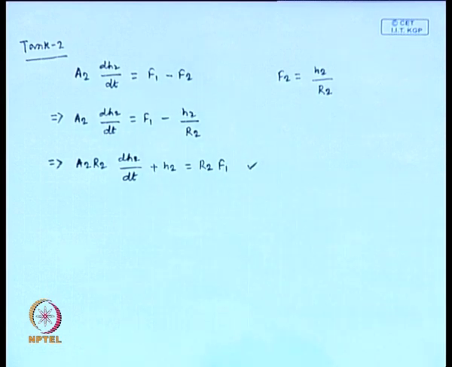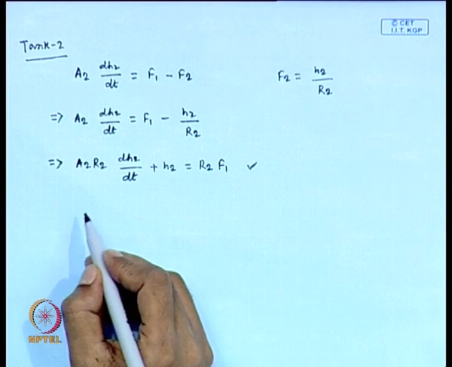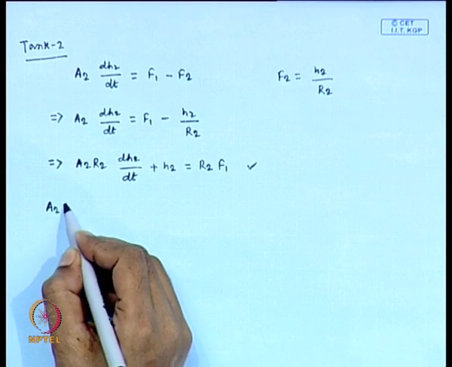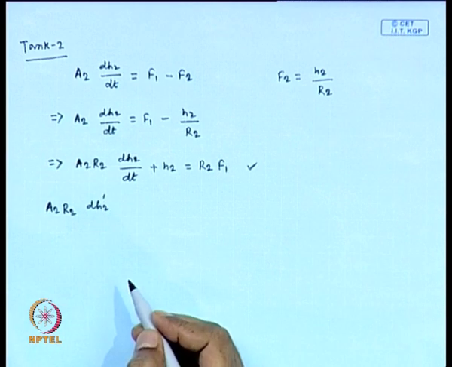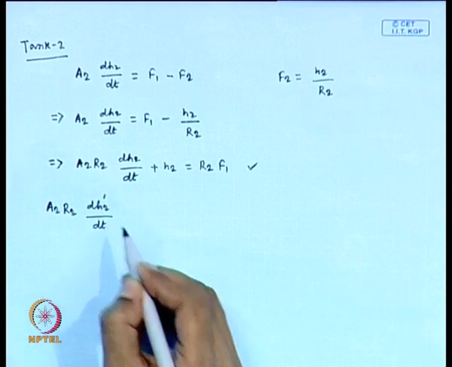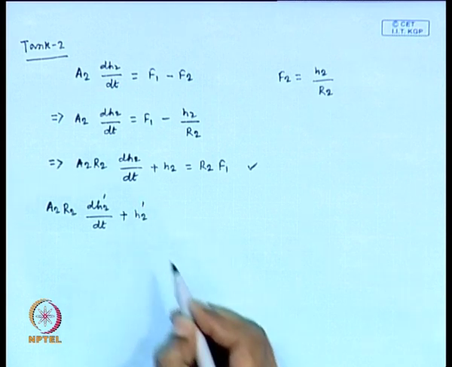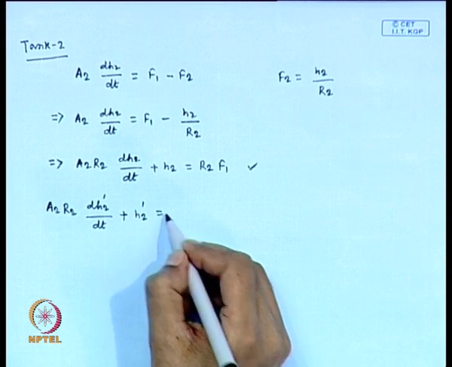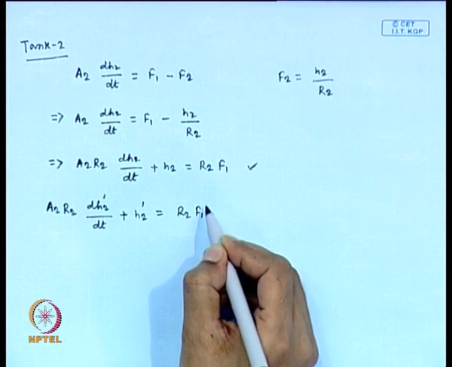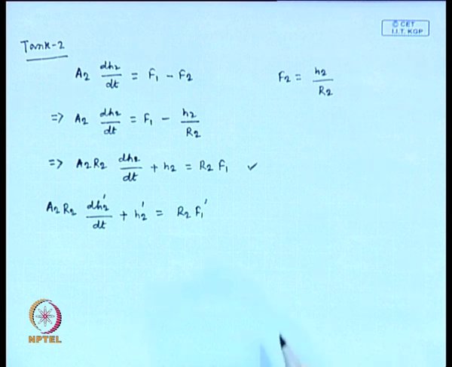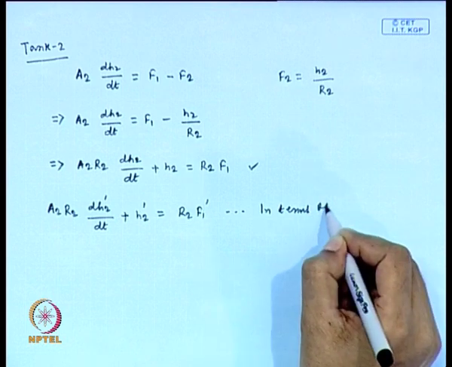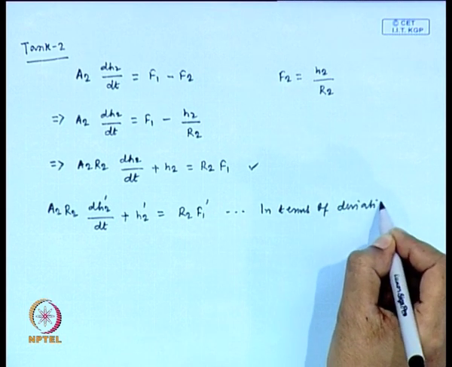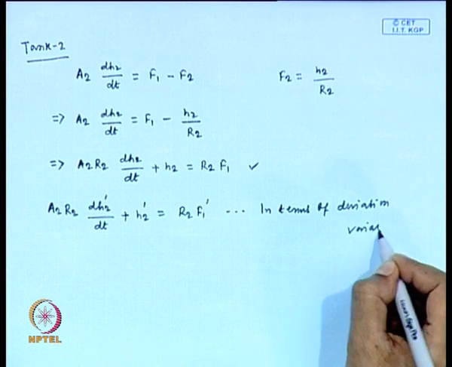Now, similarly, we have to represent this equation in terms of deviation variables. Then we get A2R2 dH2 prime dt plus H2 prime equal to R2 F1 prime. This is represented in terms of deviation variables.